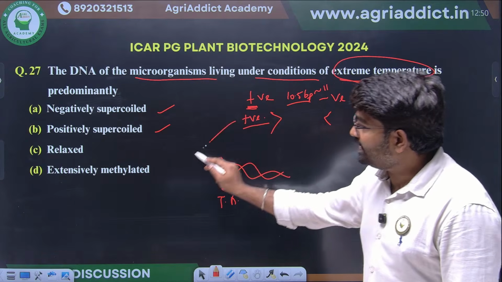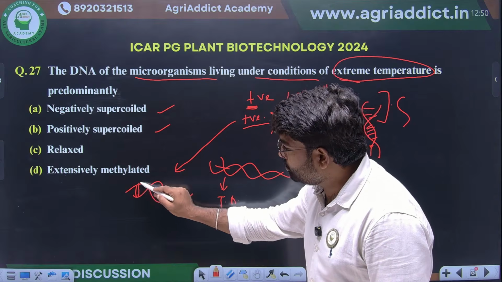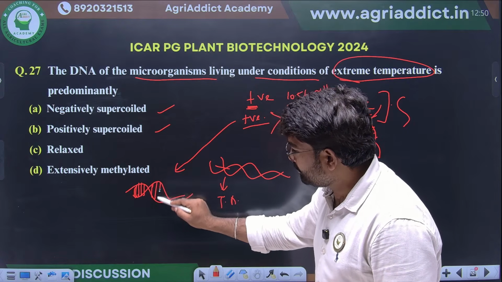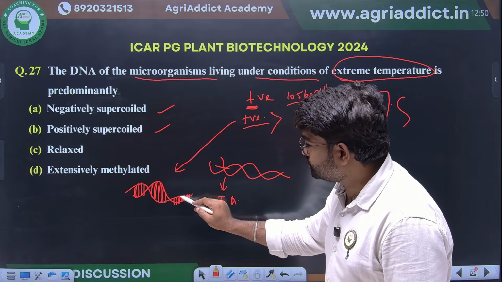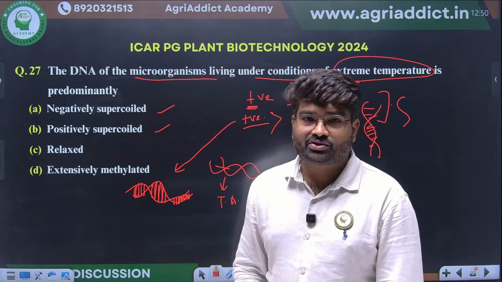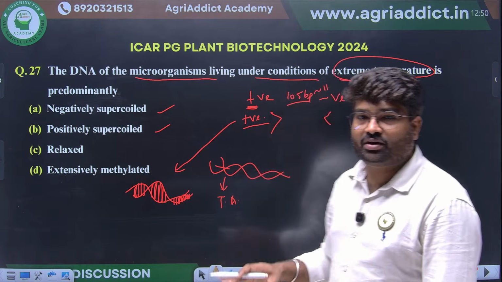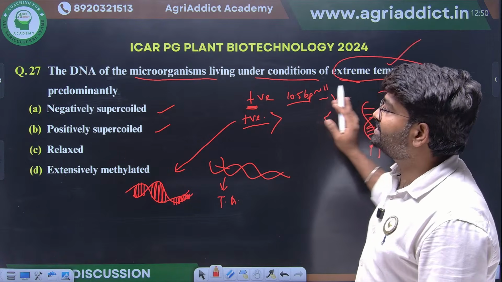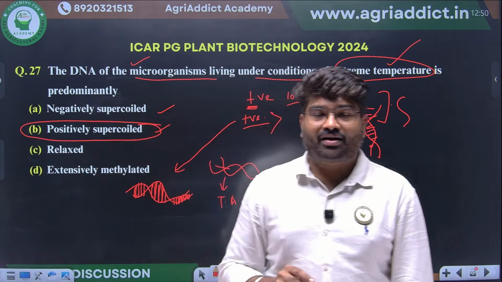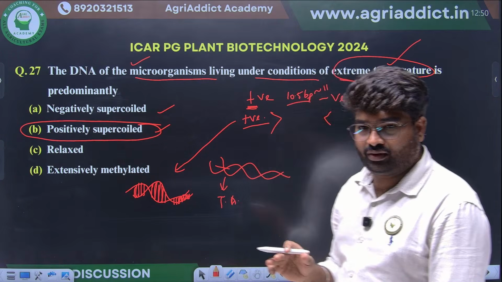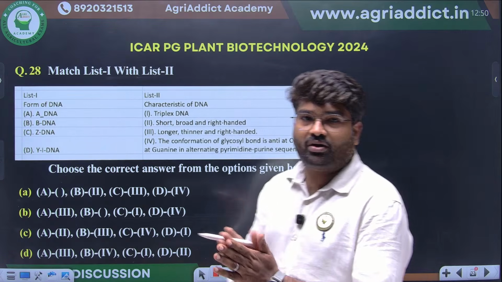But if positive supercoil is there, the base pairs are arranged more compactly, which increases the Tm. Thermal stability is also provided because of positive supercoiling. So the right option is that under extreme temperature, the DNA of the microorganism will be positively supercoiled DNA. I hope this is clear for everyone.